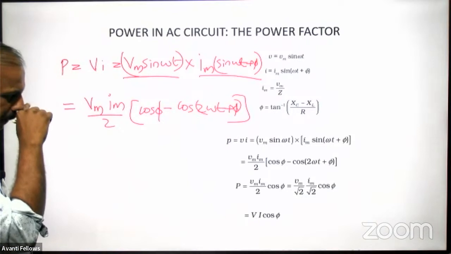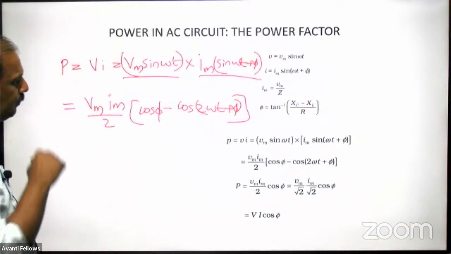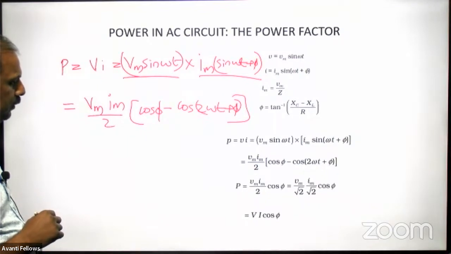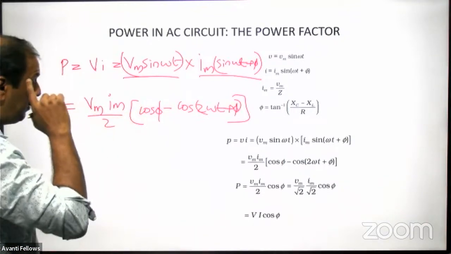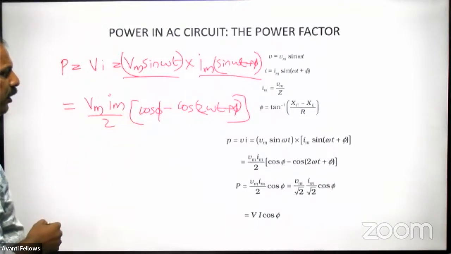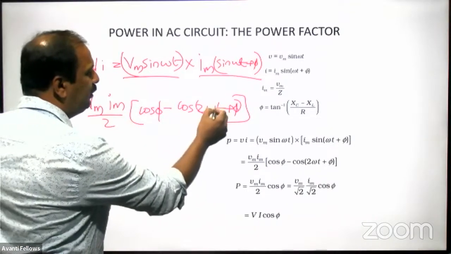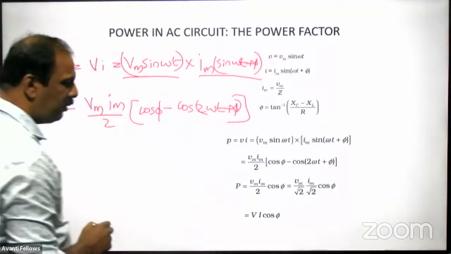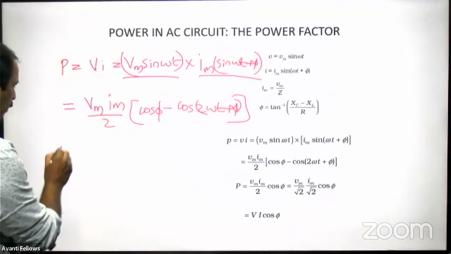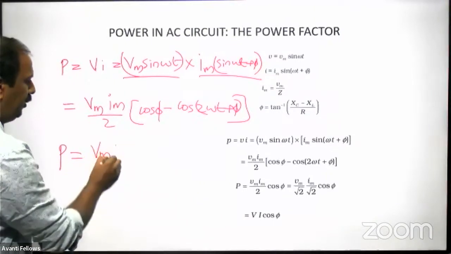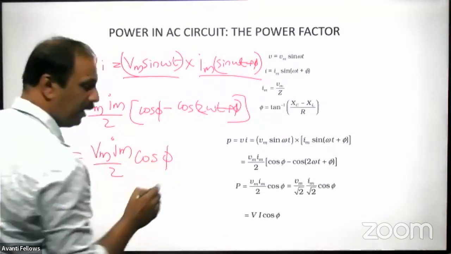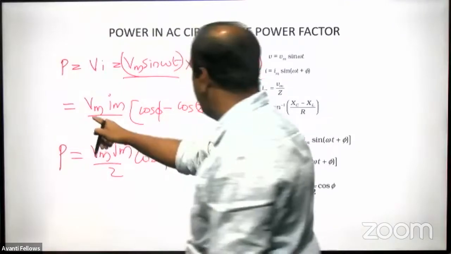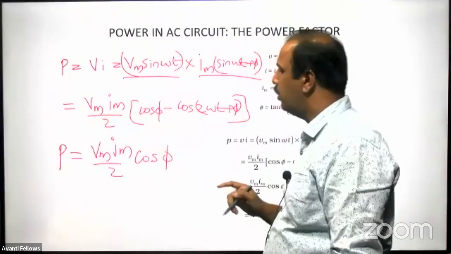Okay. Now see here. When you take the average power of this, here we have a t term, so that value will become 0. Then the remaining value will be P is equal to Vm into Im by 2 into cos phi. This is the instantaneous power, which has 2 terms.